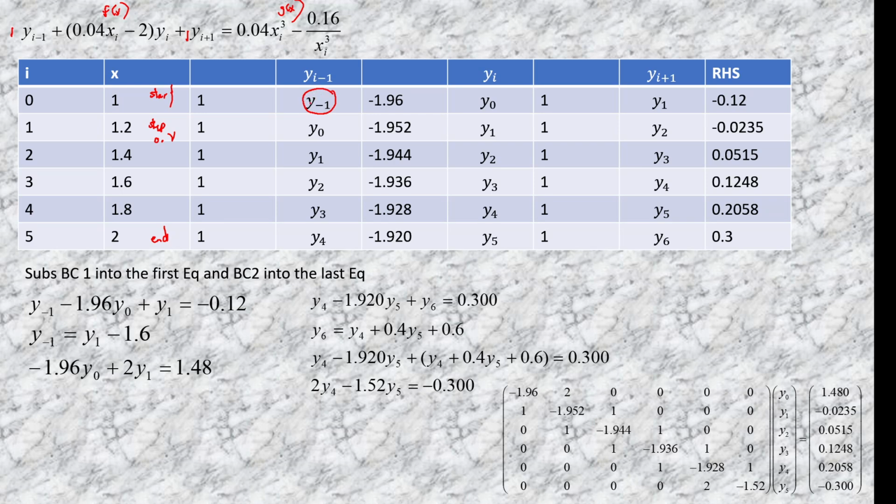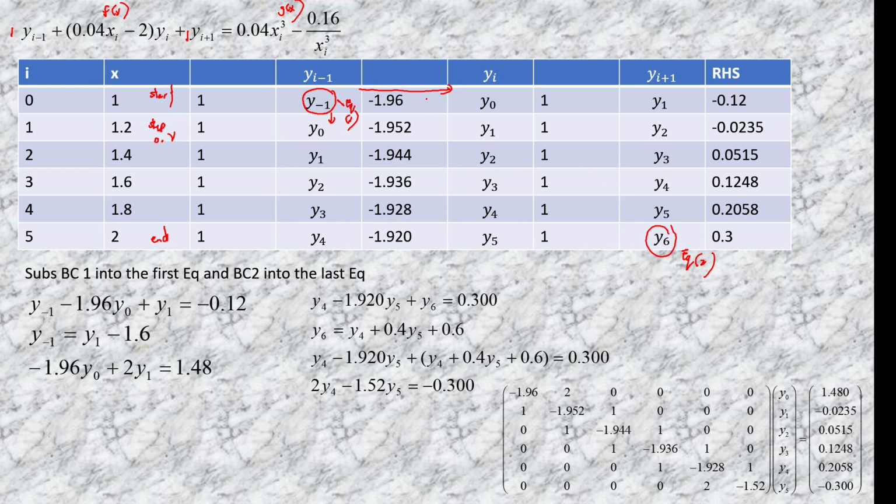Going down, it increases by 1: y0, y1, y2, y3, y4. For the center point it also increases by 1: y0, y1, y2, y3, y4, y5. For the right point: y1, y2, y3, y4, y5, y6. This one you replace by equation 1, and this one by equation 2. That's why with a derivative boundary condition, you have an extra job there.